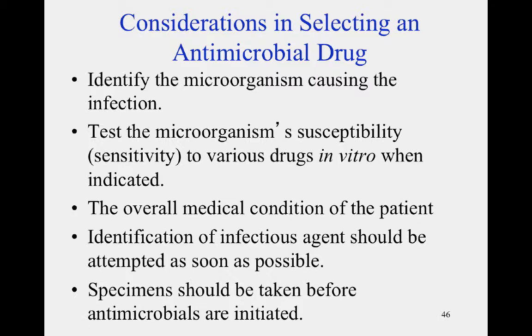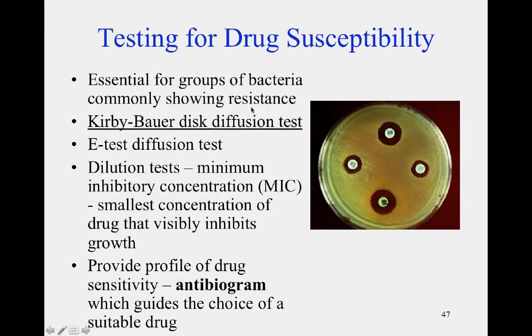Now remember, you could be infected with Staph aureus where 90% of those bacteria would respond to a cell wall inhibitor, penicillin or methicillin, but in 10% of the strains of that particular species we're seeing antibiotic resistance. So it's very important to figure out what the profile of sensitivity is. Also determining whether the individual is immunocompromised. It's very important to identify the cause and then set up the sensitivity test.